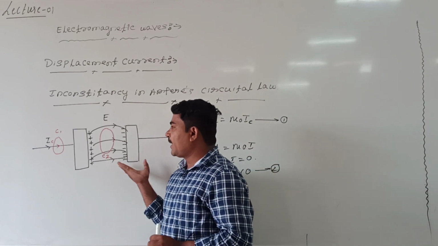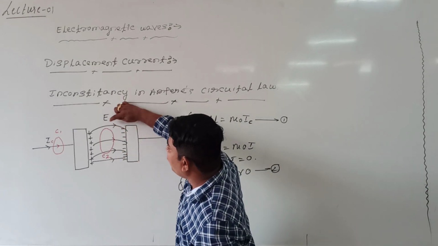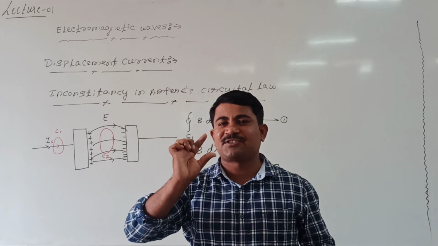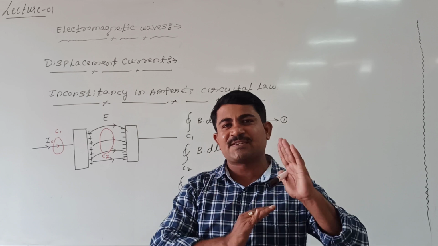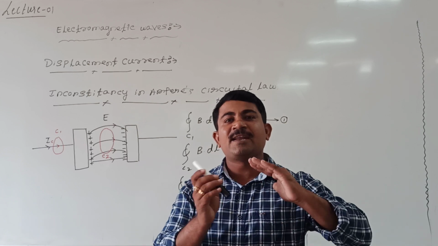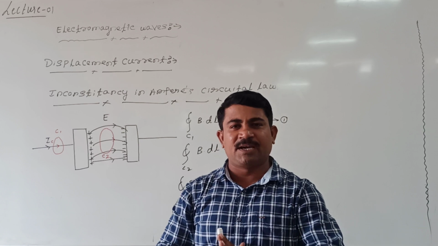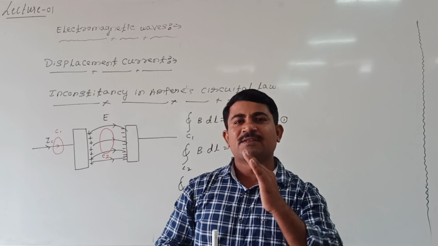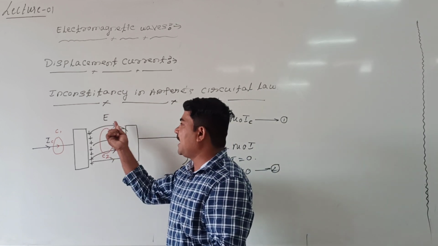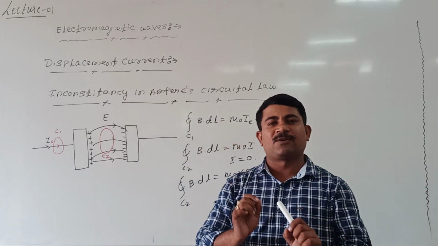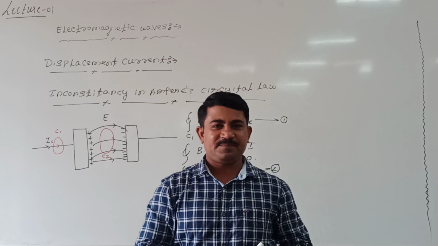But in between the plates of the capacitor, if the electric field is variable, wherever the electric field changes, the electric flux also changes. Wherever the electric flux changes in between the plates of the capacitor and current is produced, the current produced due to the variable electric field between the plates of the capacitor is called displacement current.